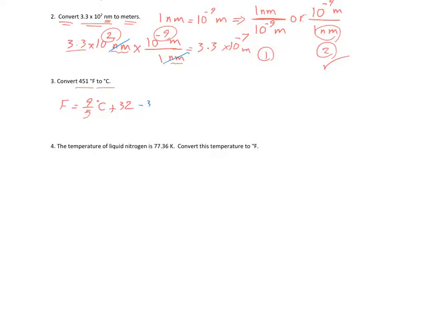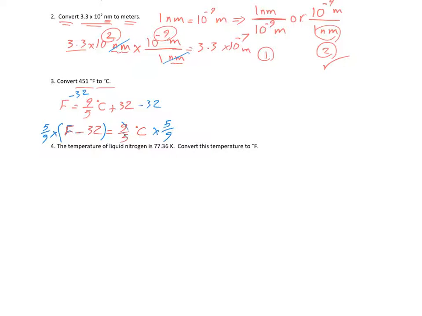So minus 32 on both sides, that makes it Fahrenheit minus 32 equals 9 over 5 times degrees Celsius. So we multiply by 5 over 9 to cancel this, and this whole thing should be multiplied by 5 over 9.